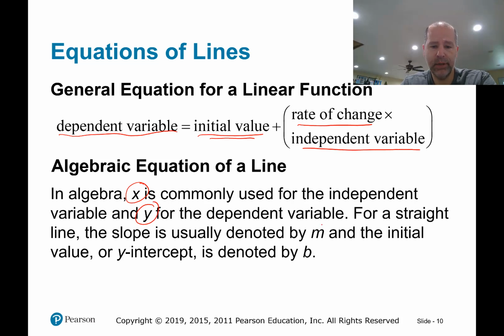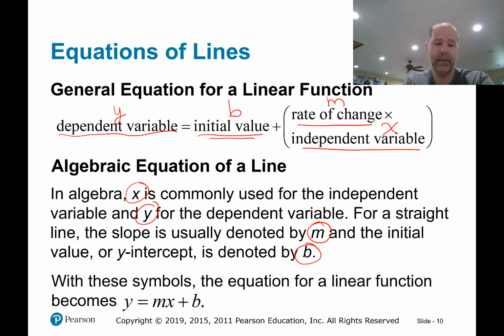Slope, we denote using m, and then we use the y-intercept as b. So b is the initial value in this case, that's the y-intercept. m is the rate of change, that's the slope. And of course the independent variable is x, and the dependent variable is y. And when we put it all together, we get the commonly used equation of a line, y equals mx plus b.